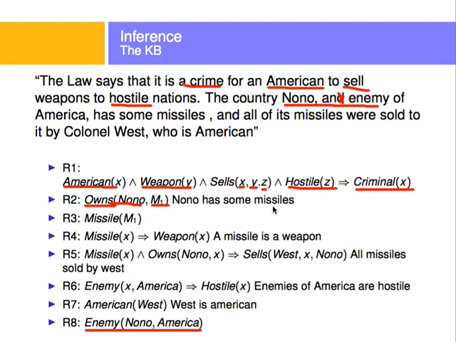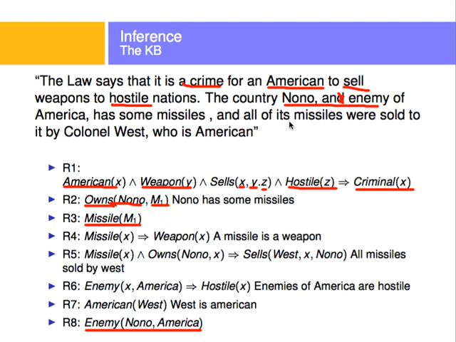Now, I don't write "some missiles", but I know that No-No has some missiles, so I'm going to say that there's one object called M1, which is a missile. So No-No owning some missiles, that's an existential quantifier. I will just replace one instance. M1 is going to be a missile, and No-No owns M1.